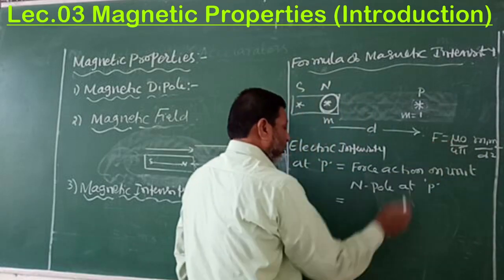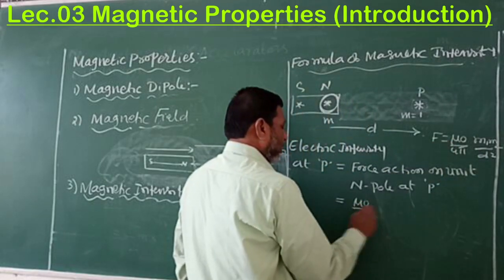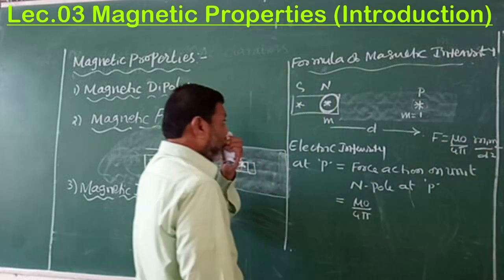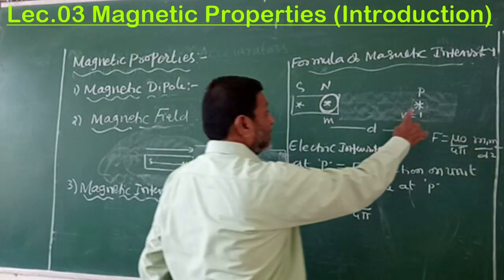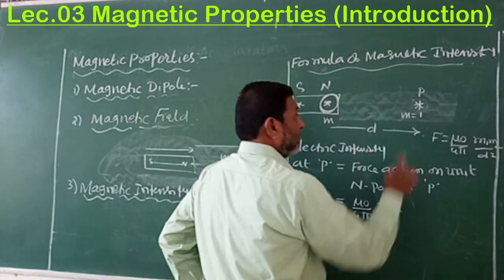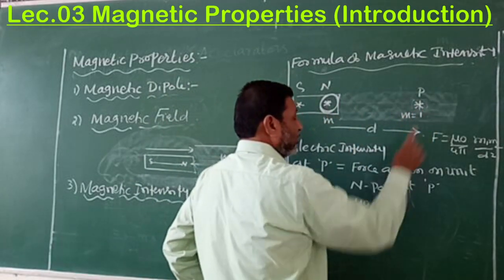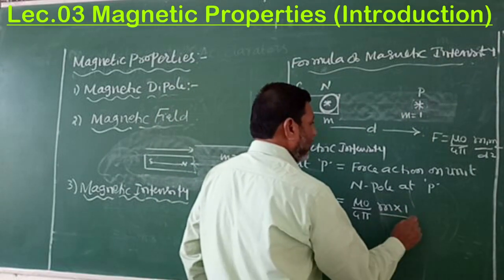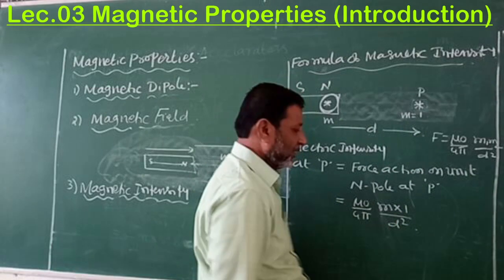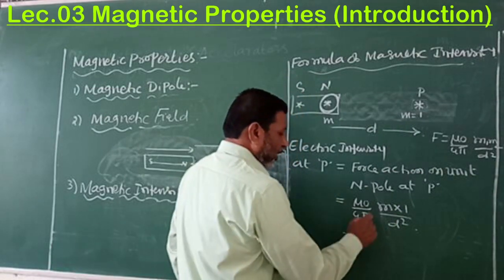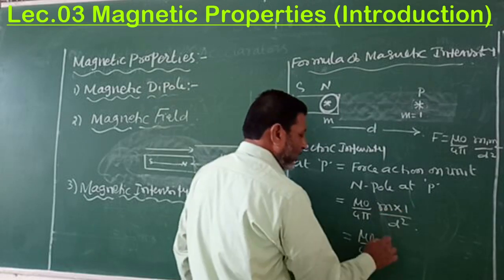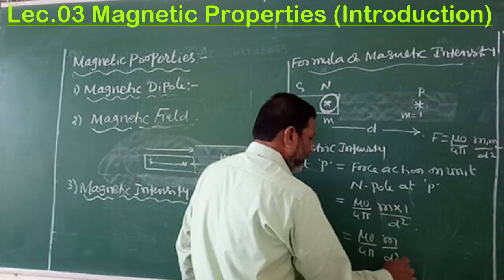One pole has pole strength m, whereas since the other is a unit pole, its value is 1, divided by square of the distance, d square. So this is equal to mu naught divided by 4 pi, m into 1 is m, divided by d square.